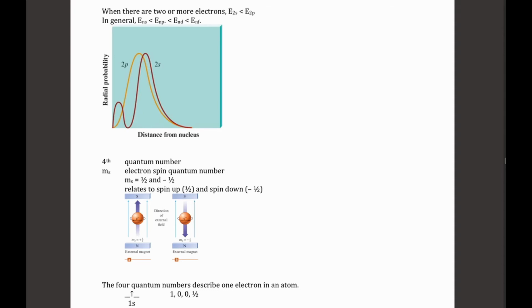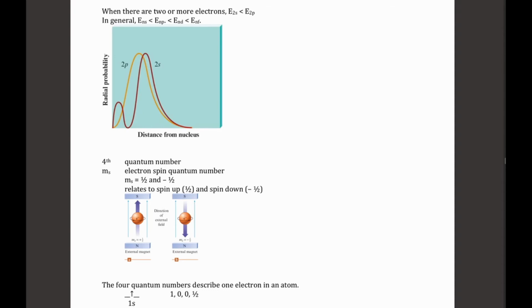We see the 2p orbital peaking at just one spot. It's a little closer to the nucleus than the big peak of the 2s one, but due to the small 2s peak being very close to the nucleus, what it means is if electrons can be in the 2s atomic orbital, they're at a lower energy than if they're in a 2p atomic orbital.